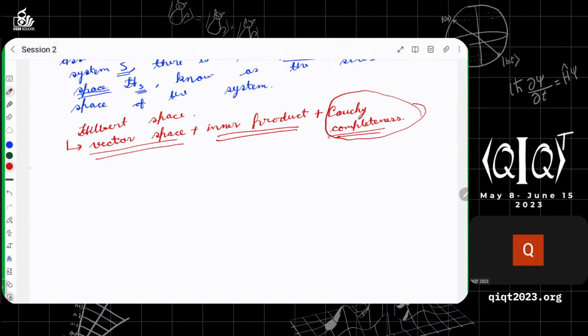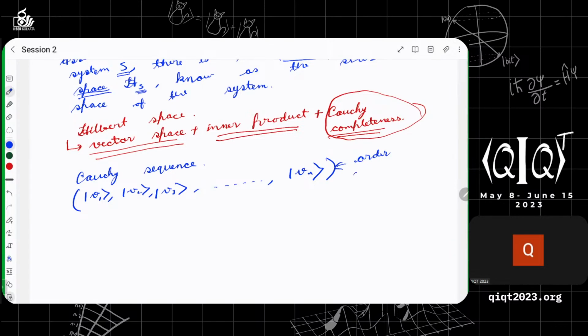In order to understand Cauchy completeness, we need to understand something called the Cauchy sequence. A Cauchy sequence is a sequence of vectors in a vector space, let's say V1, V2, V3, and so on up to Vn. It's a sequence, so the order matters. It's not a set.